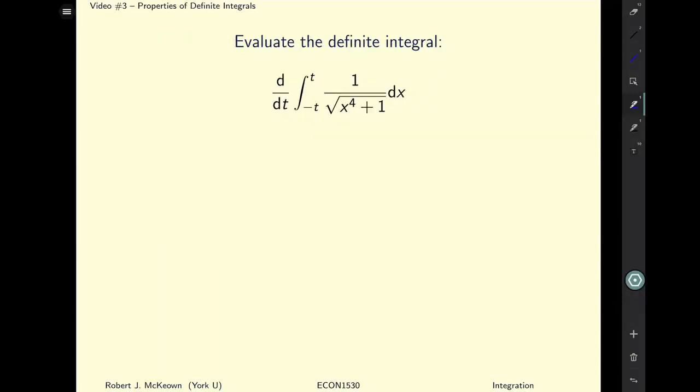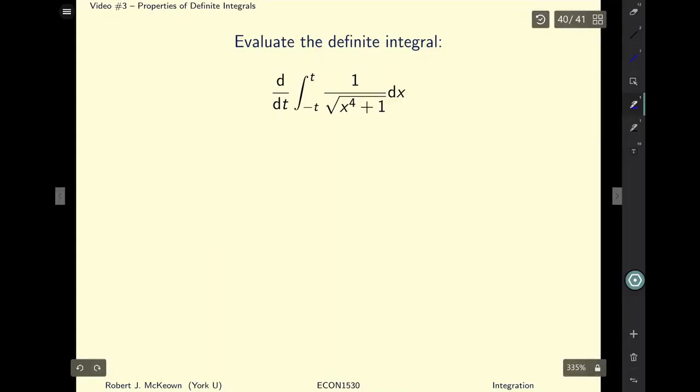Let's do an example. We've got an upper limit of t and a lower limit of negative t. So we're trying to find the area between t and negative t. And we also want to know how this area is going to change if we were to change t.